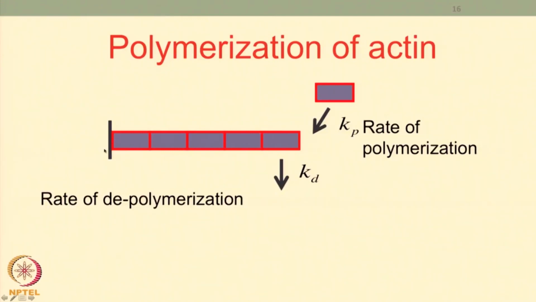Now the question is, how does the length of this actin change? So what we want to know is, by polymerization and depolymerization, what would happen? The length of this actin filament would change. Either it will grow or shrink depending on these rates of polymerization and depolymerization. So the question is, how can we describe this phenomenon using the language of mathematics?